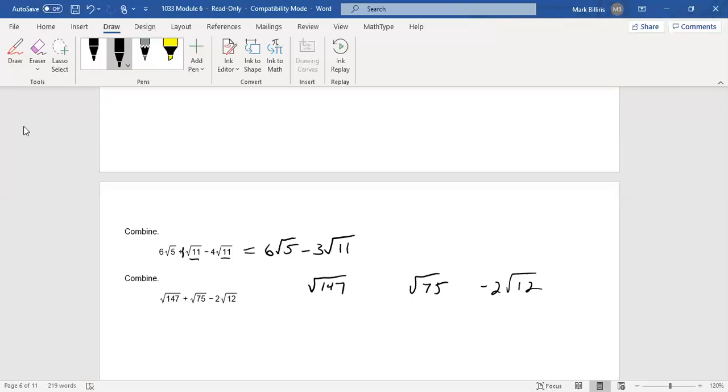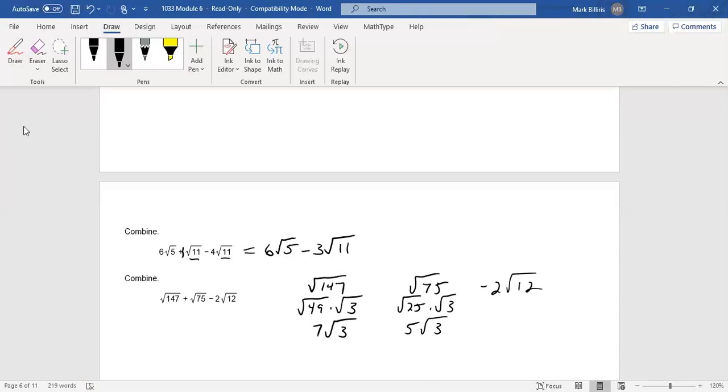So 147 can be broken down into the square root of 49 times the square root of 3. We know the square root of 49 is 7, so this gives us 7 square roots of 3. The square root of 75 can be rewritten as the square root of 25 times the square root of 3, and the square root of 25 we know as 5, so we have 5 square roots of 3.